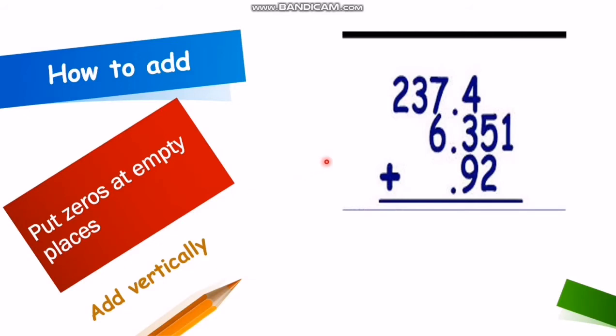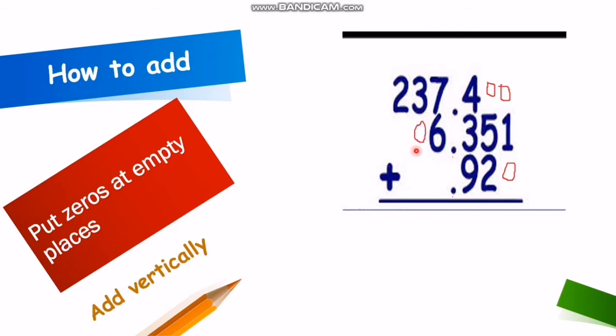Now write down the numbers just like this. One number is under the other number with the decimal point lined up like this. Put in zeros where required. We put 0 like this.